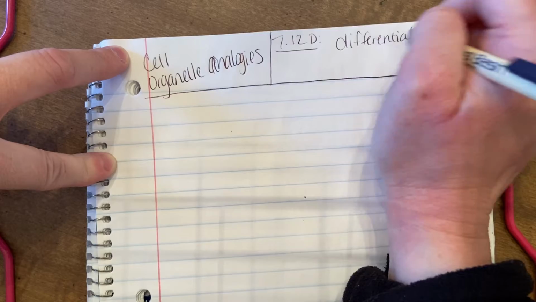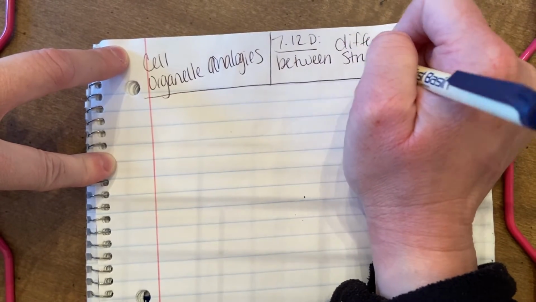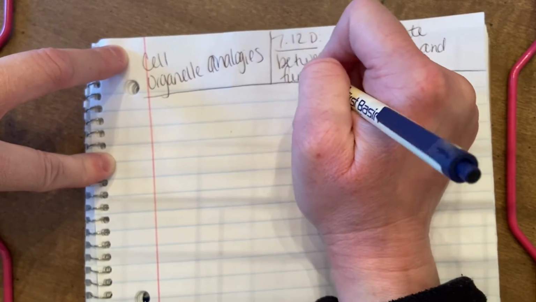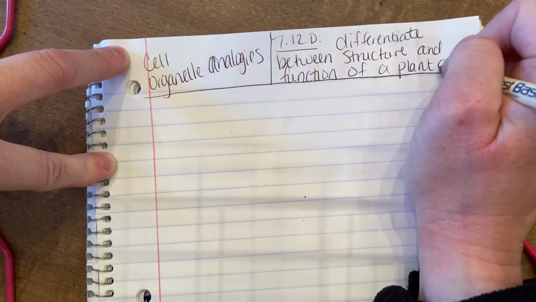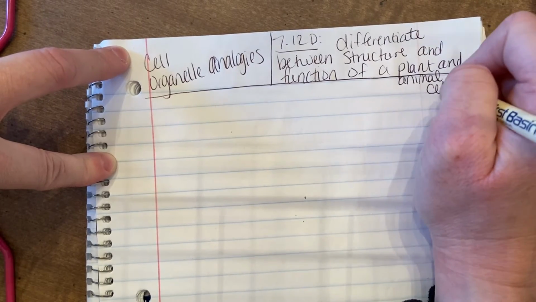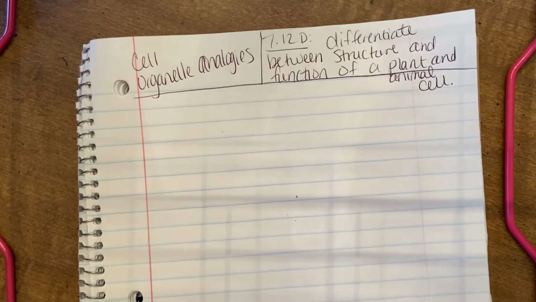Differentiates between structure and function of a plant and animal cell. Okay, so y'all remember, it's very important that you know what each cell organelle looks like and also what they all do in order for y'all to be successful on your science test, okay? All right, so let's get started.